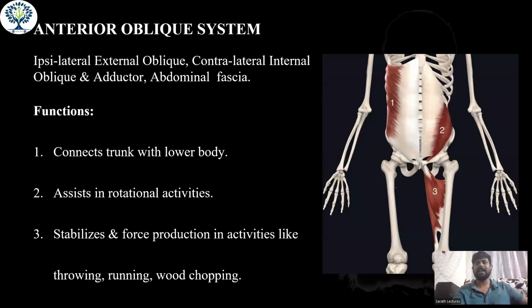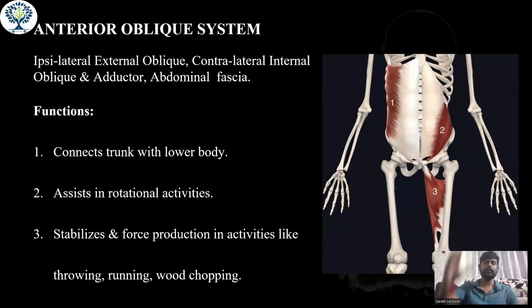The action lines of these muscles are parallel to each other, and they work coordinatively in functions like kicking somebody or walking. These muscles stabilize and produce the energy for that activity. It helps in rotational activity also.